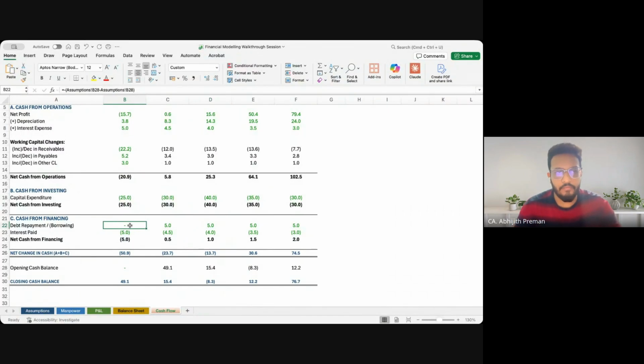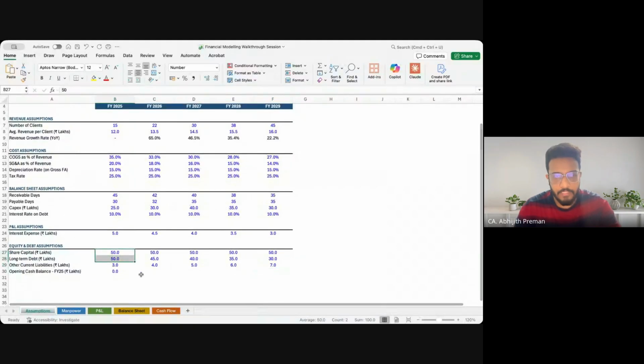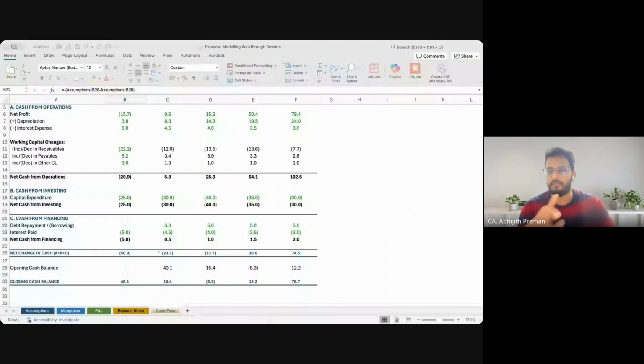Ideally, we had an equity of 50 lakhs and debt of another 50 lakh. If you remember the assumption sheet, see we had 50 lakhs here. So that should have been also part of this cash flow. Why I haven't shown it is since I've shown it already in the assumption sheet. Okay, so that was actually missing from my end.